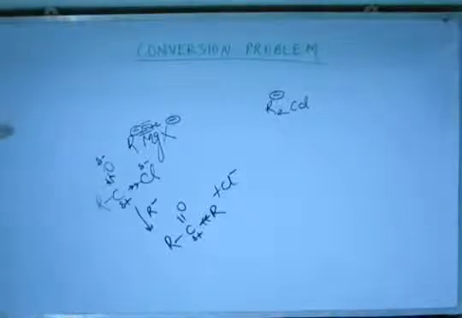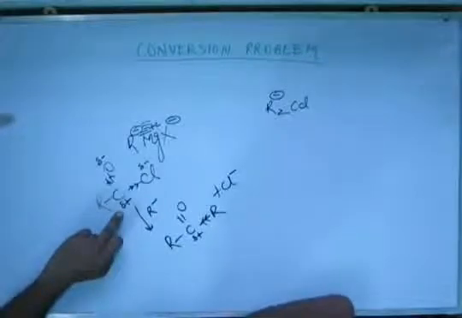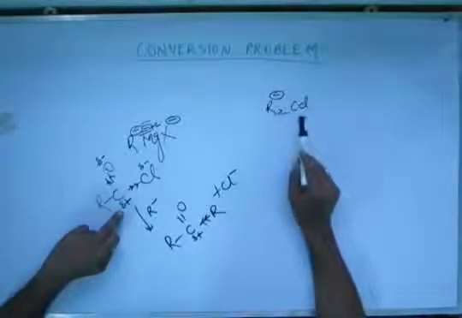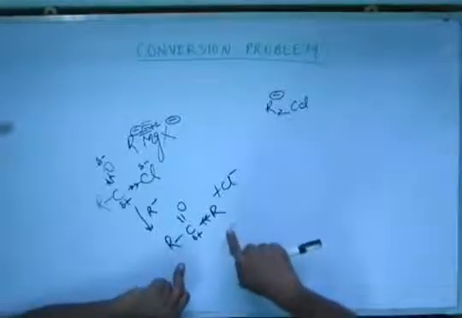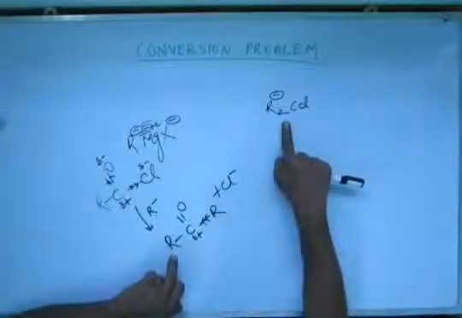So similarly, if you have a strong substrate and a strong reagent, then definitely reaction will take place. But if you have a strong substrate and even if you don't have a strong reagent, still reaction will take place, because here this acyl chloride is a strong substrate, because it is unstable and very reactive. And even if you have a less reactive reagent like dialkyl cadmium, still the reaction occurs and you will have a ketone. But once you have a ketone, the substrate is also less reactive and the reagent is also less reactive.